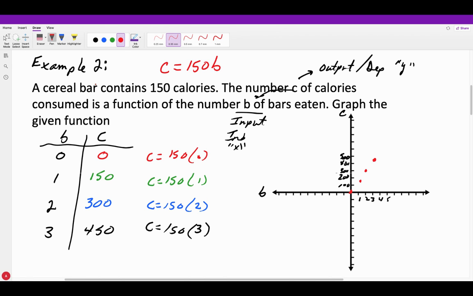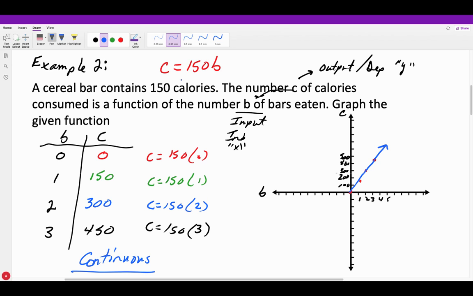Now, when we graph this, we have to think, what type of graph is this one? Is this continuous or discrete? We know this is continuous because I can eat half of a candy bar. So when it's continuous, I need to draw a line going through these. I'll draw my line connecting those, and I'm going to have my arrow, meaning I can go to infinity because I didn't limit my domain.